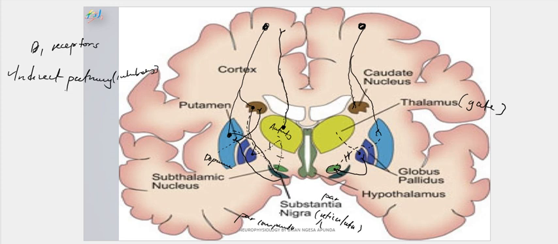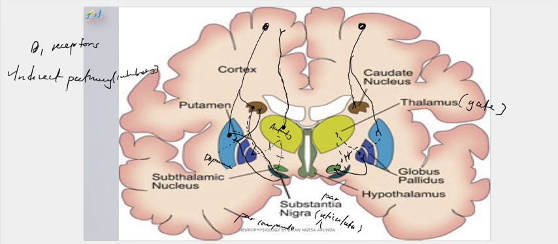So even the inhibitory capability will reduce, giving the thalamus a chance to be more active. But in this case, now that the globus pallidus internus and the substantia nigra reticulata are activated, they are able to competently send out their supposed inhibitory signals to the thalamus.